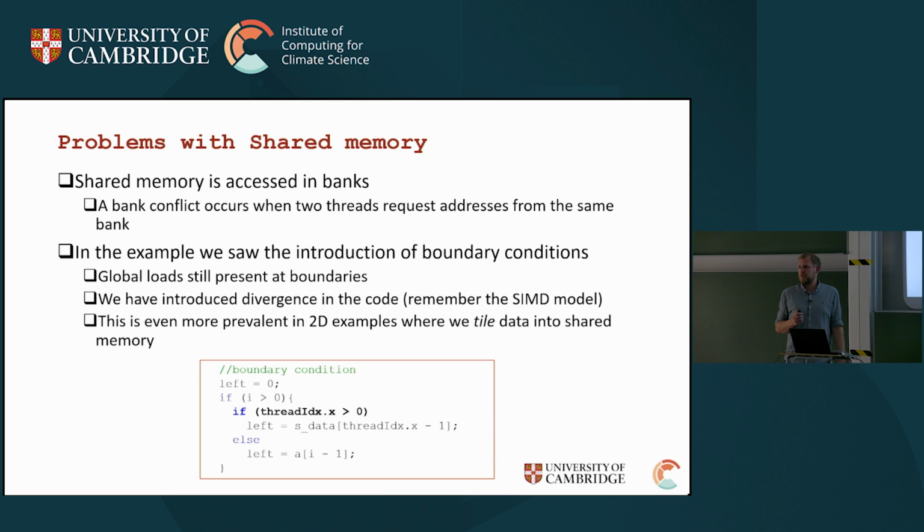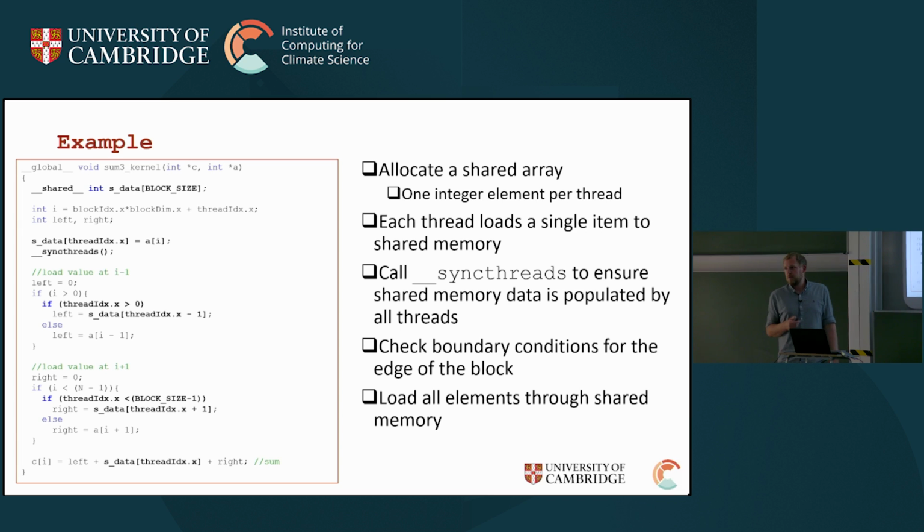Casper, yes? Could you go one slide back? You've got a mic, go on. Okay, so my question is, in that example where the size of S data is compile time, is there a way to have it dynamically sized? There is, as I said slightly earlier. For the purposes of this simple example, I've done it at compilation time.